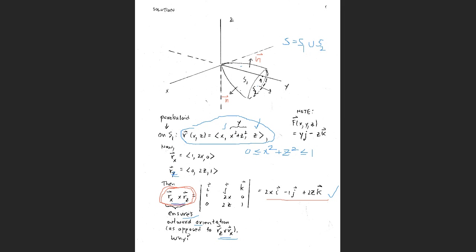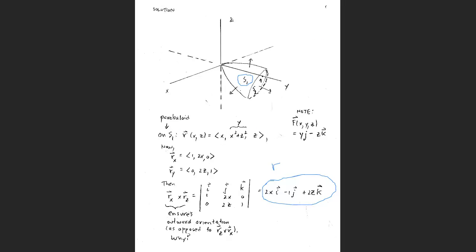If you look at surface S1, I'm focusing now on surface S1, maybe I'll put it in blue, and I'm focusing on the cross product of the derivative vectors. What ensures that this cross product vector is oriented out from the surface?